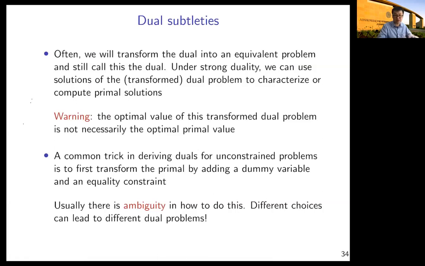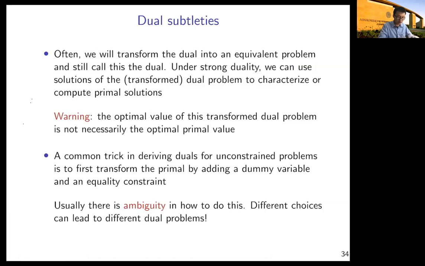Even for a problem as simple as Lasso, we've talked about 2 different ways of doing that. Some reformulations might lead to a more cleanly looking dual that has an interesting geometric representation, and some other reformulation might have another type of dual that's not so clean, but also has a different set of geometric representations.